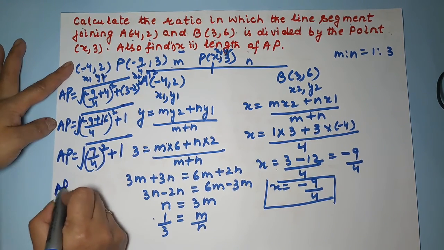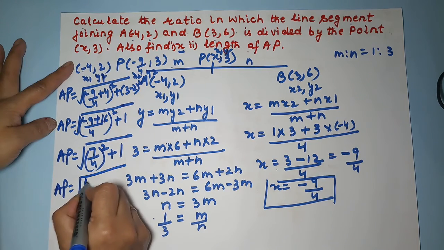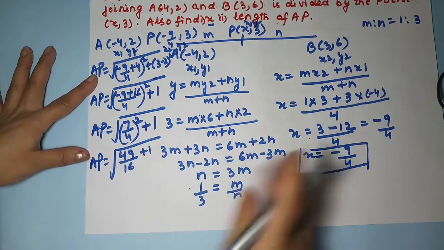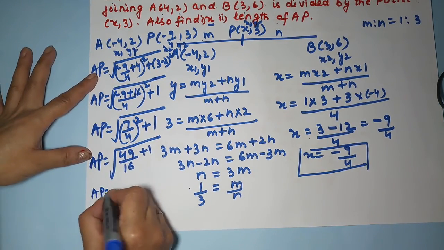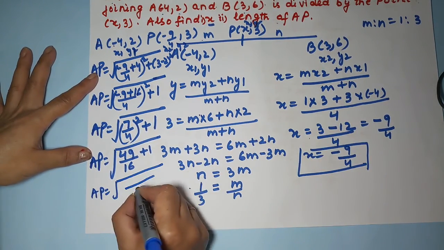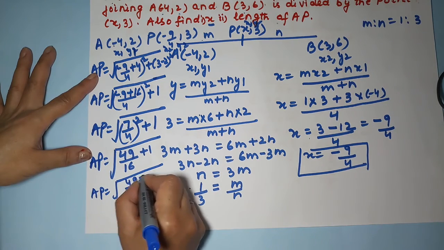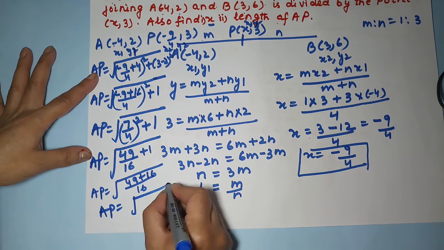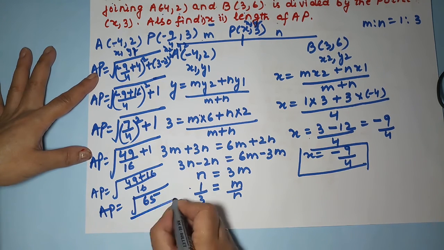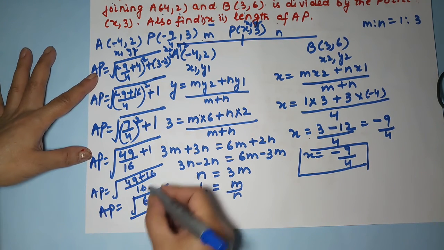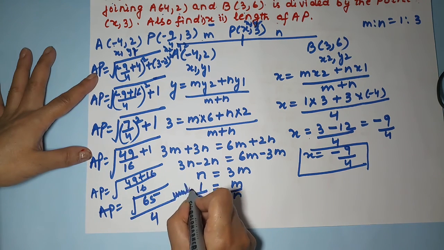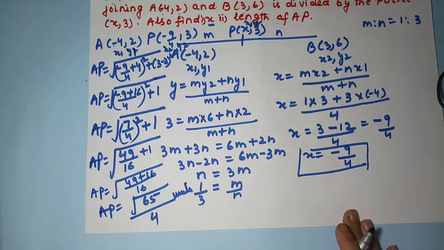So my AP will be under root of 49 by 16 plus 1, which is further equal to, if I take 16 as LCM, 49 plus 16. So AP is equal to under root of 65, and this 16 we can take out of the square root as 4. This much units is the distance AP, right?